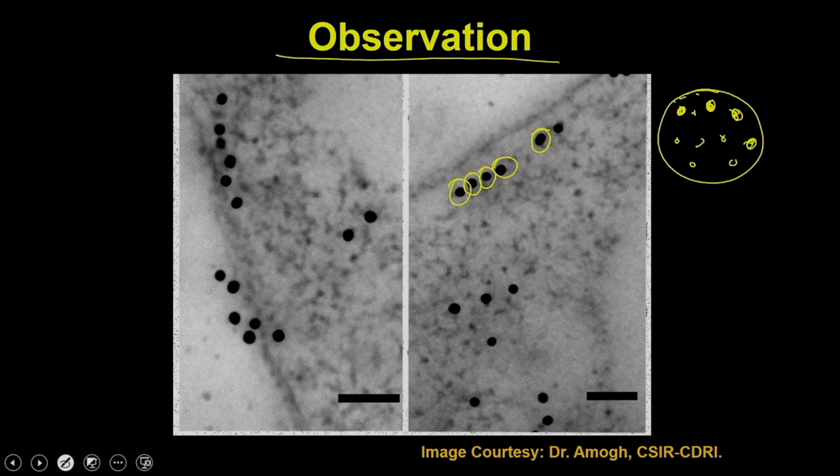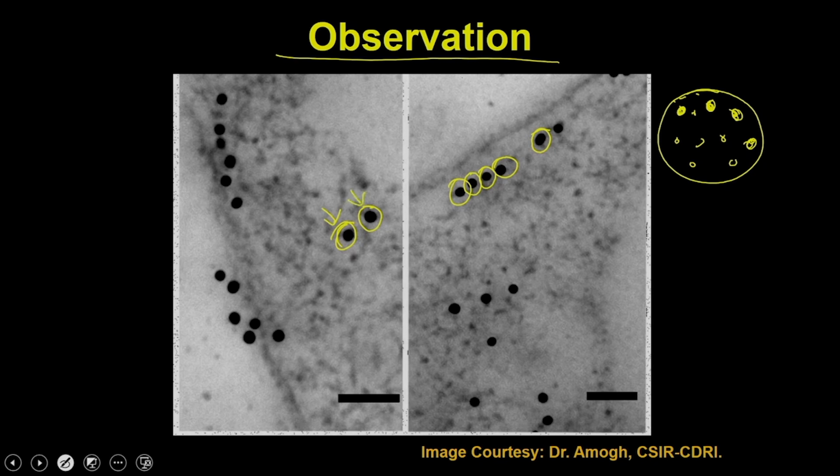What you will see is you are not going to see the very fancy membrane and all that. You are going to see dots like this, and these are the dots formed when the 10 nanometer gold coupled antibody was binding to a primary antibody, so these are the locations of the protein of your interest in the cell.